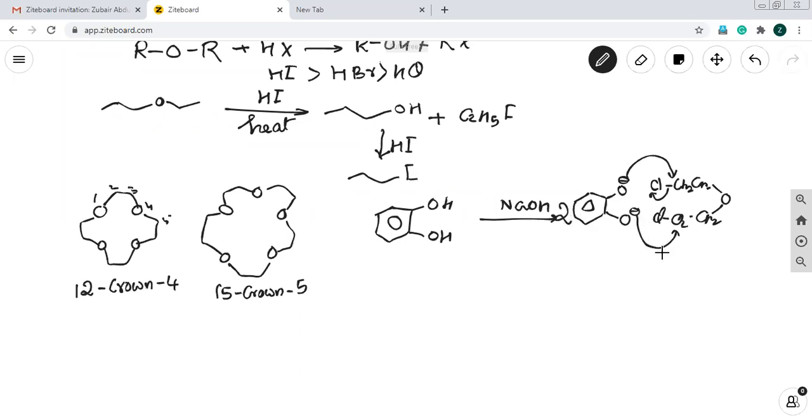If you have two molecules of this, then you will have this one. So what will you get here?